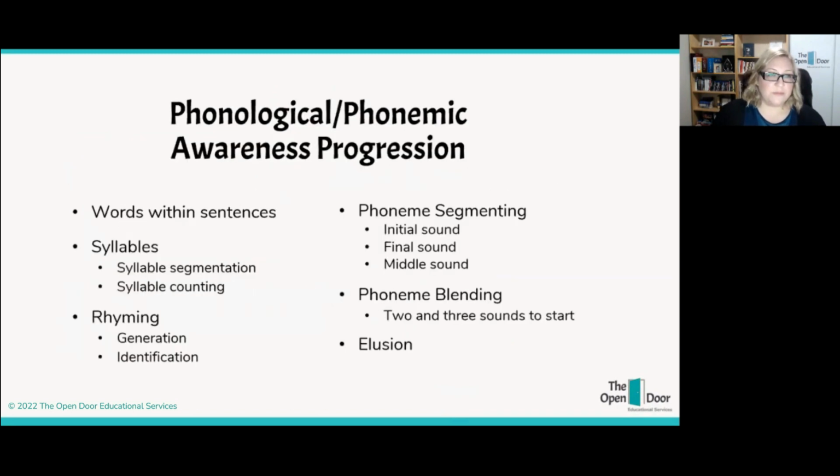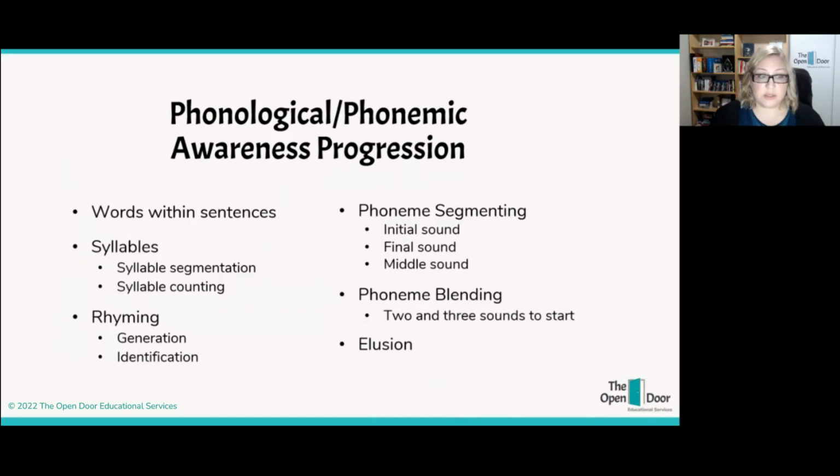So just to review, phonological and phonemic awareness, and the progression starts with the larger words within sentences, narrowing down to syllables, then to rhyming, and then you get into the various activities that you do with your phonemes for the phonemic awareness components. So we've done our words within sentences.